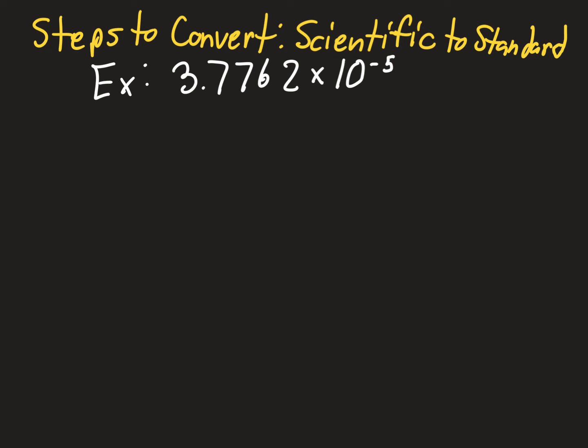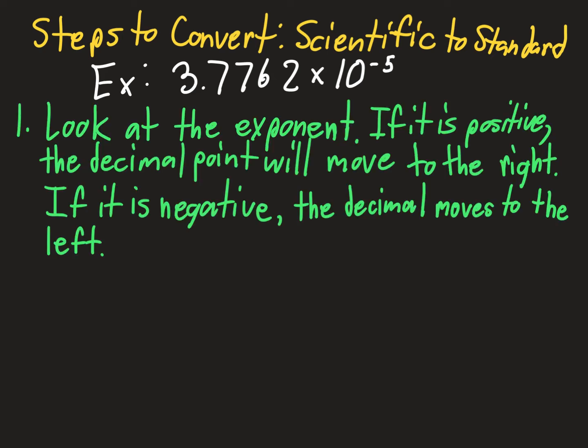Now, how do we convert numbers written in scientific notation back to standard form? For example, convert 3.7762 times 10 to the minus 5 to standard form. First, we need to look at the exponent. If it's positive, the decimal point will move to the right because you're multiplying.